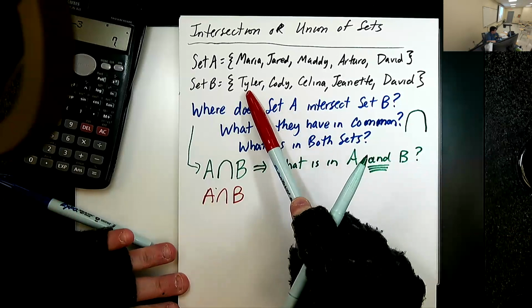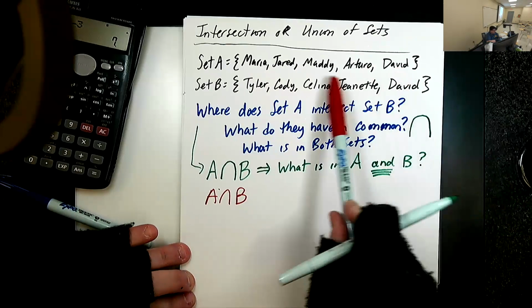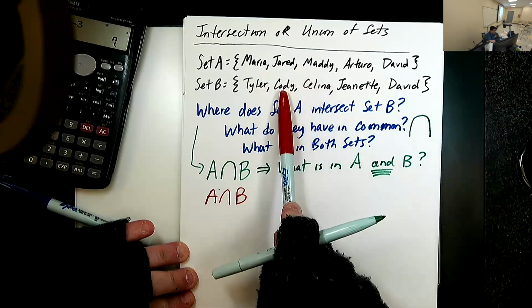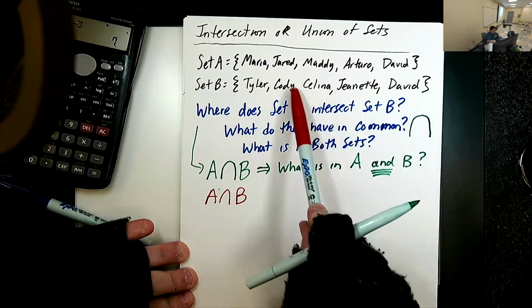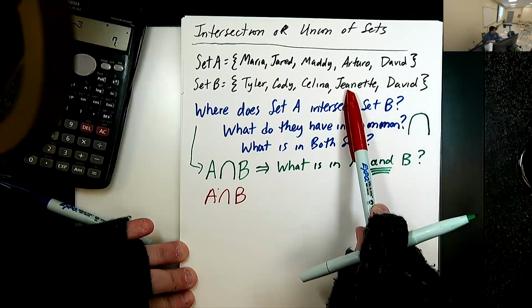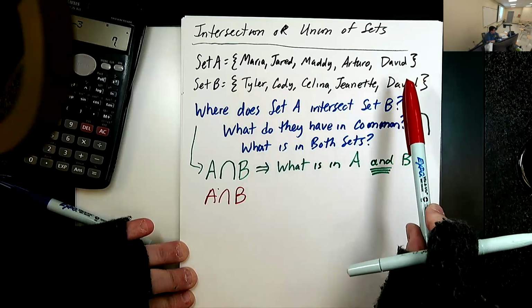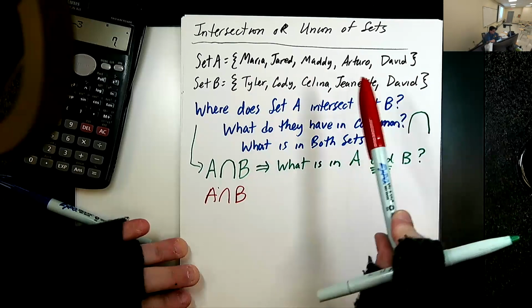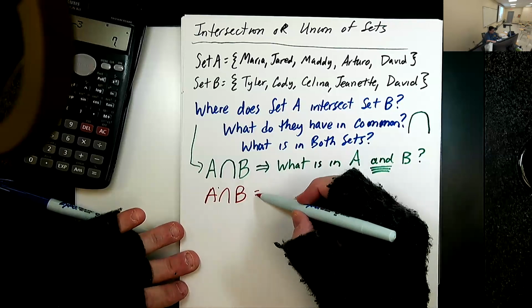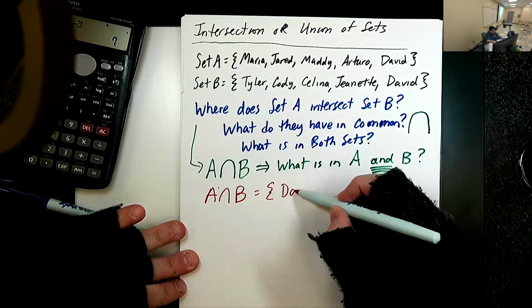Is Tyler in the top set? No, he's not. Is Cody in the top set? No, he's not. Is Selena in the top set? No. Is Jeanette in the top set? No. Is David in the top set? Yes. So that's how you're going to go through and figure out what the intersection is. The intersection is just David.